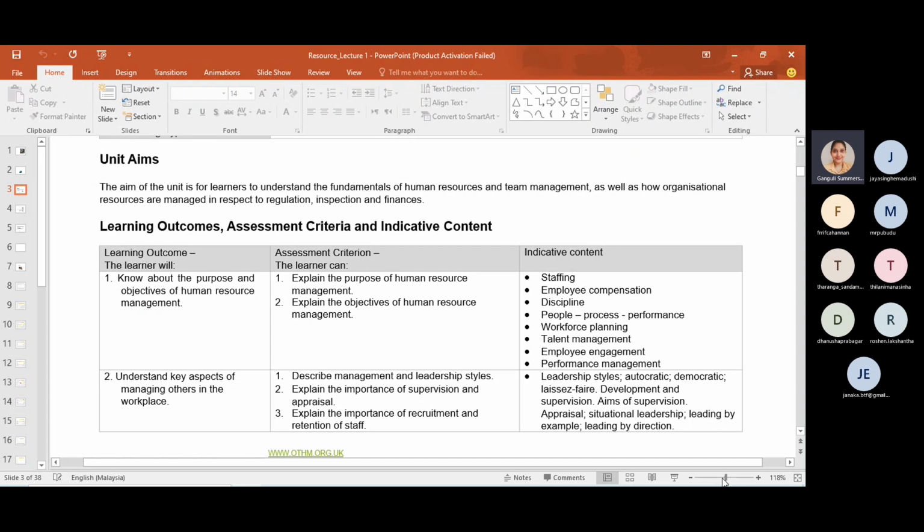Colleagues can be at the same level, a higher level, or a lower level as well. Colleagues means your co-workers basically.